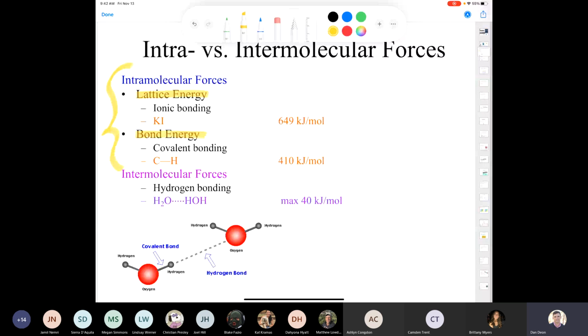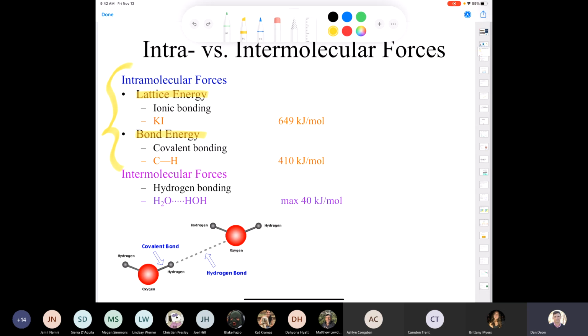If you look at the lattice energy in, let's say, potassium iodide, 649 kilojoules per mole. That's quite a bit of energy, right? So the lattice energy is high. If you look at the bond strength of a carbon-hydrogen bond, a very common bond in nature, 410 kilojoules per mole. Not as strong as the ionic bond, but there's still some strength there.